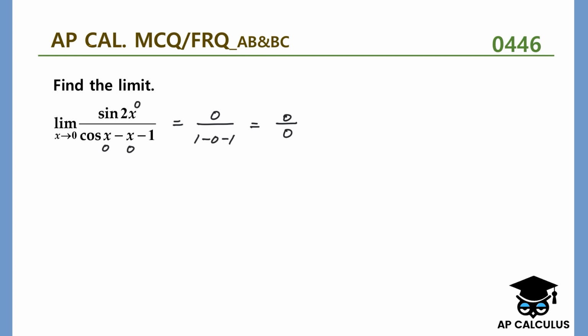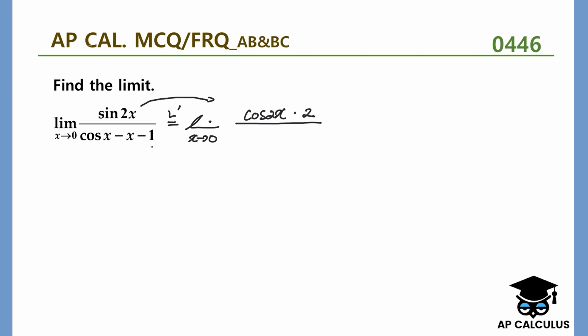So this limit is equal to, applying L'Hopital's rule, the limit as x approaches 0 of the derivative of the numerator, which is cosine 2x times the derivative of 2x, chain rule, right?